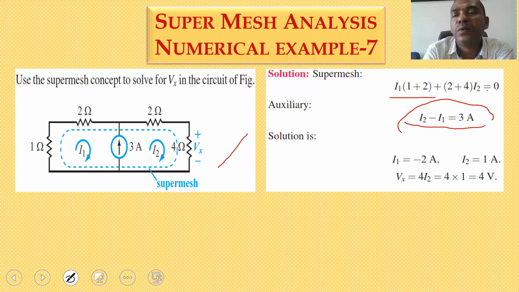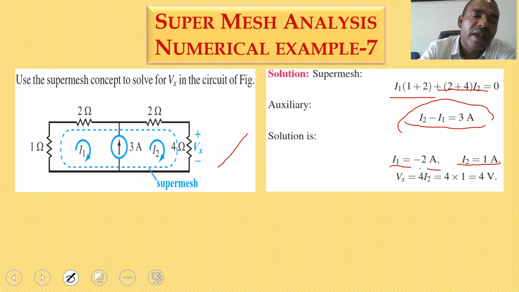So you can write 2 plus 4 times I2 is equal to 0. So the above equation, 3 times I1 plus 6 times I2 is equal to 0, and I2 minus I1 is equal to 3. Solving the two equations, you can get I1 is equal to minus 2 amperes, I2 is equal to 1 ampere.